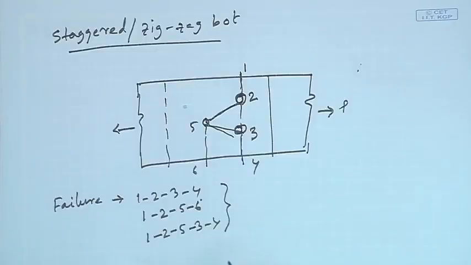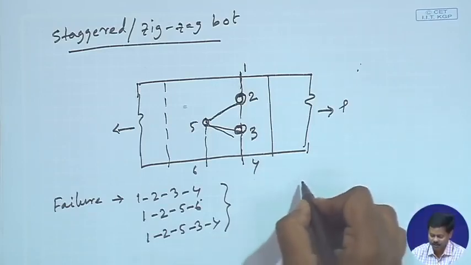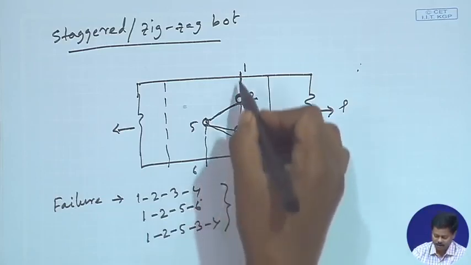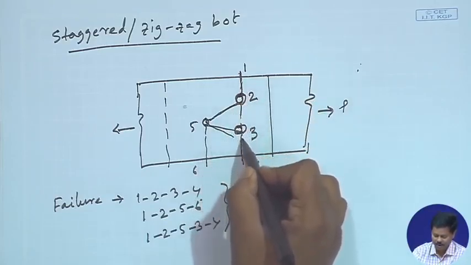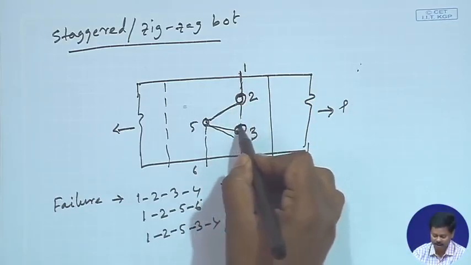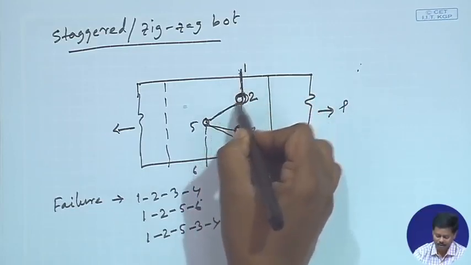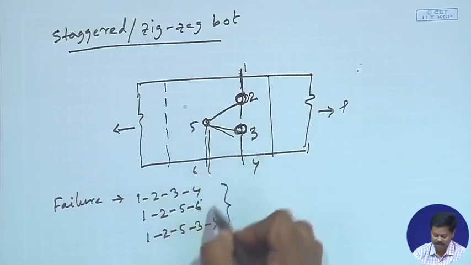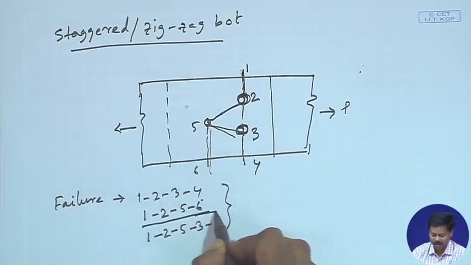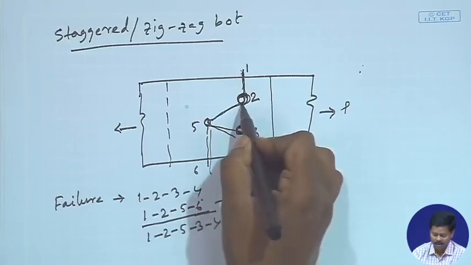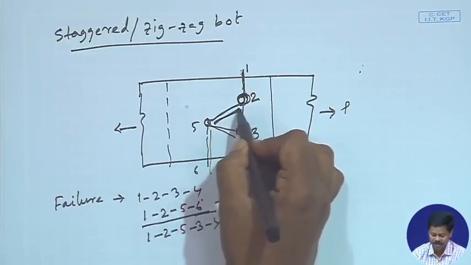And in case of a staggered joint, the deduction will be, say, if I consider 1, 2, 3, 4, then the deduction will be 2 hole areas. But if I have 1, 2, 5, 6 for this case, I can see that the deduction is 2, but there is a chance of gaining strength in this.